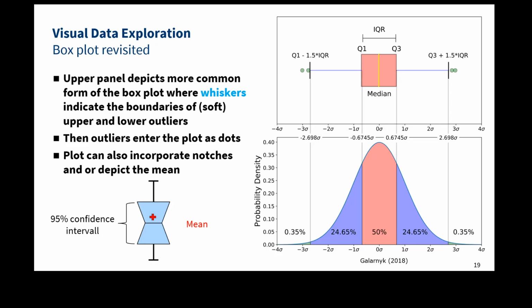Now, what I wanted to note here as well is that this version of the plot, let me use red, is more common than the one I was showing you earlier.